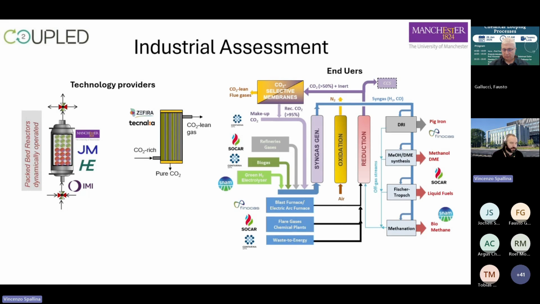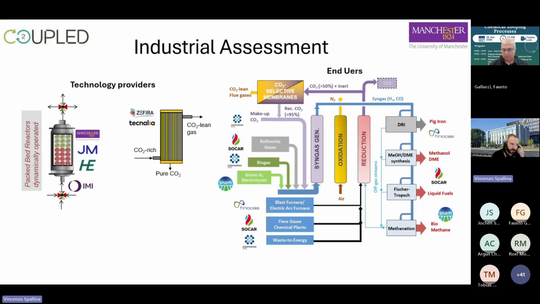In terms of value chain, we have different applications which envisage the use of green hydrogen, biogas, and refinery gases, but also use of CO2 and use of blast furnace gas, flare gases, and waste to energy. And on the product side, we are looking at production of pig iron, methanol, DME, and liquid fuel, or potentially, in the case of green hydrogen, we could also look at methanation.